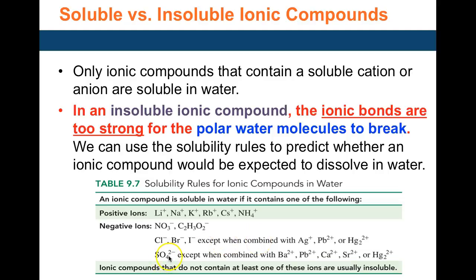Sulfates mostly are soluble except when attached to either a barium ion, a lead 2 ion, a calcium ion, a strontium ion, or a mercury 2 ion. All right. So BaSO4 would be insoluble. PbSO4 would be insoluble. CaSO4 would be insoluble. SrSO4 would be insoluble, and so on.